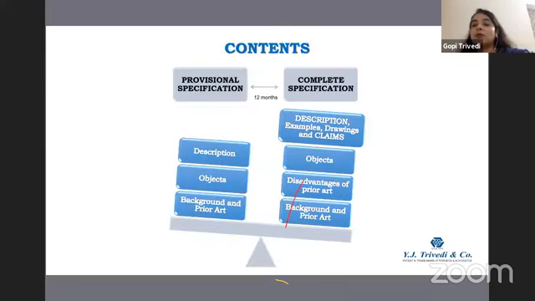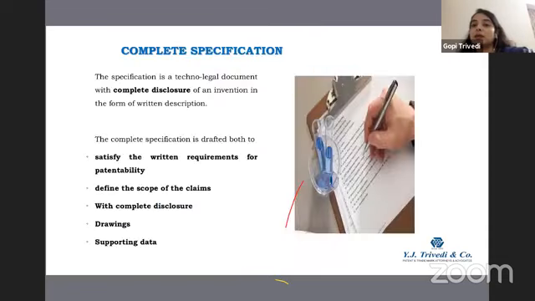Now, this is how we visualize it: the provisional specification is technically high-level, with various topics or titles in the specification. The complete specification is generally backed by drawings, if any, even supporting data, and the claims compulsorily.